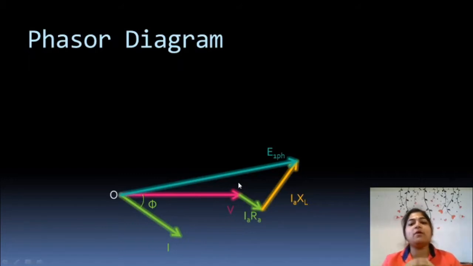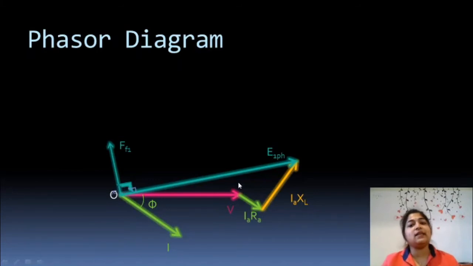We know EMF induced always lags flux by 90 degrees, so obviously the flux which is producing this EMF will be leading this EMF by 90 degrees. So I'll draw FF1, which is the main flux leading E1PH by 90 degrees. This is the main flux produced considering the EMF induced E1PH.